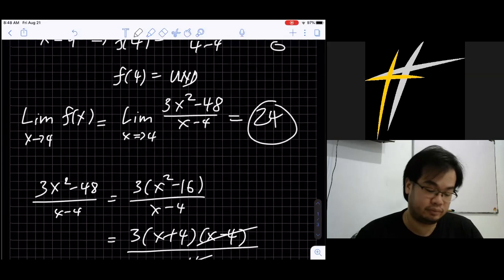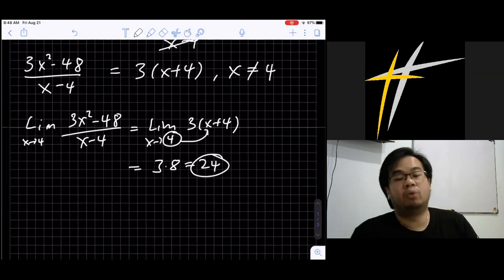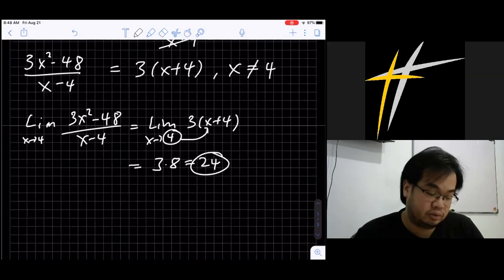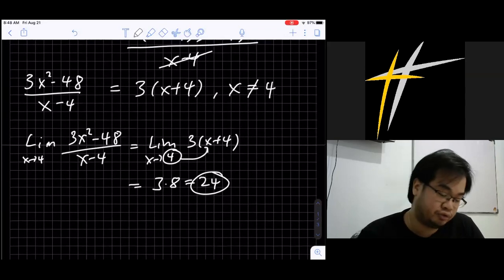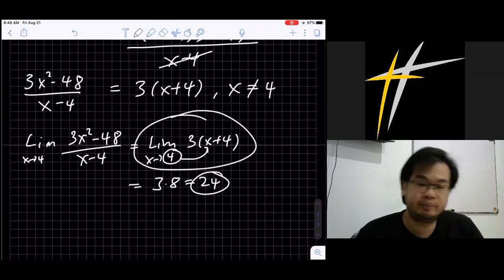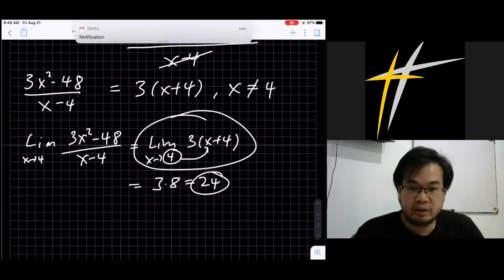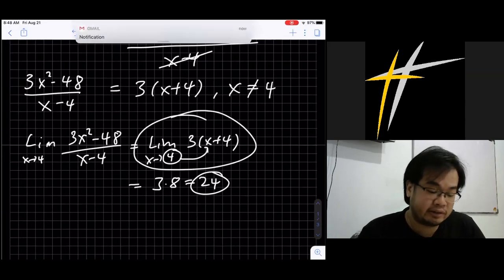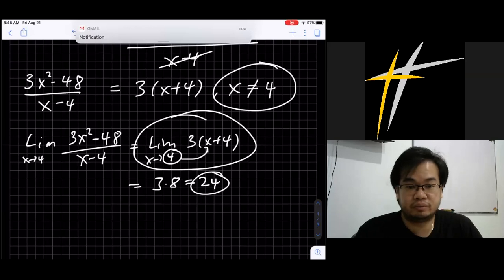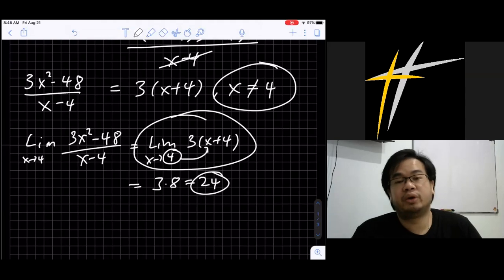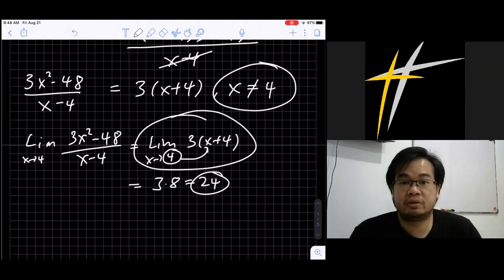Now, the question is, why is it allowed to substitute x equals 4 in this step, when there is a condition that x cannot be equal to 4? The answer is, remember, when we are talking about limits, we are not trying to find the value of the function when x equals a certain value.